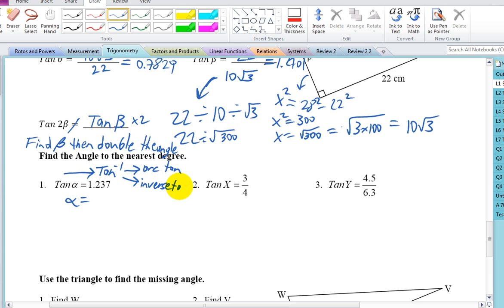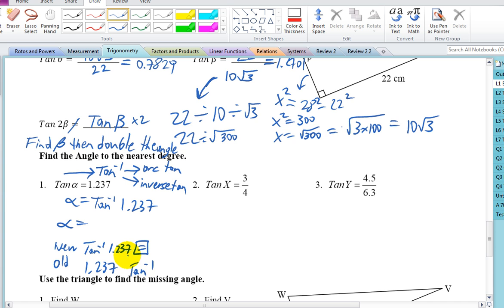Okay. So it's going to be arctan with a -1 exponent, 1.237. So, new calculators, you type it in as you see it. Tan -1, 1.237 equals. For the old school calculators, you go 1.237 and then tan -1. Okay, so you got to go to your inverse button.